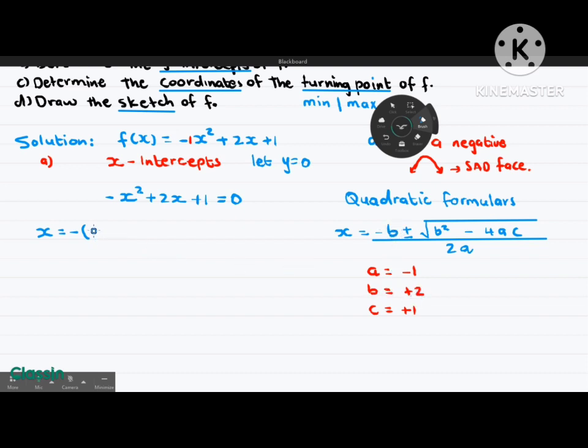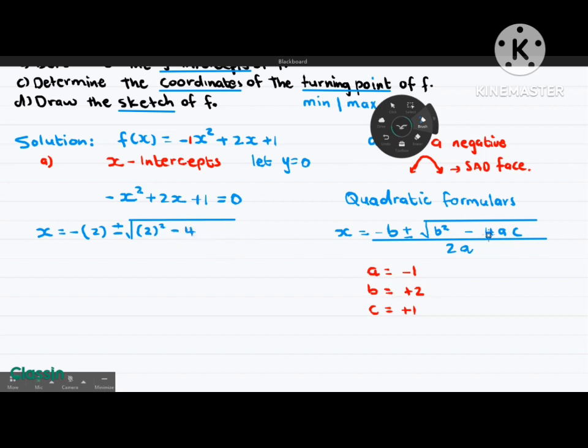Then you write 2 plus or minus, and then again we have b squared. It means that we are going to say 2 squared minus 4, based on the formula.